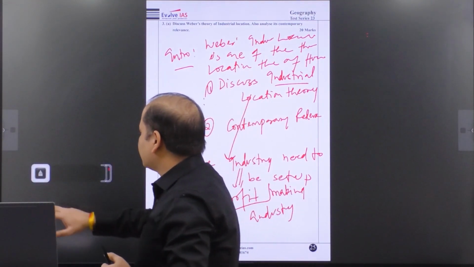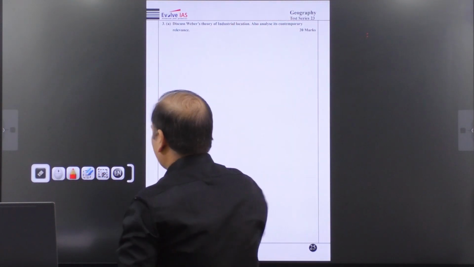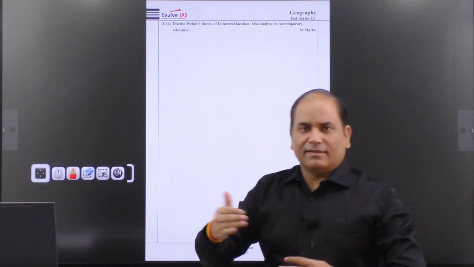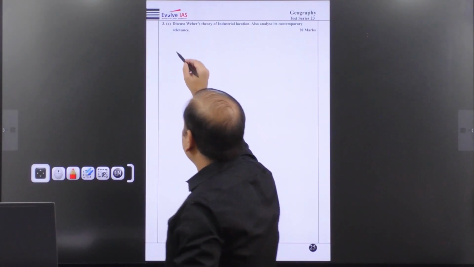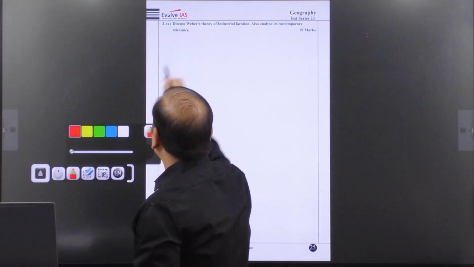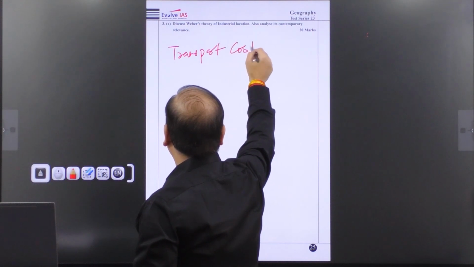Weber presented his theory based on three elements. The first element is transport cost.